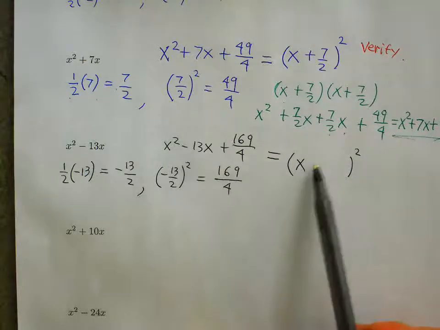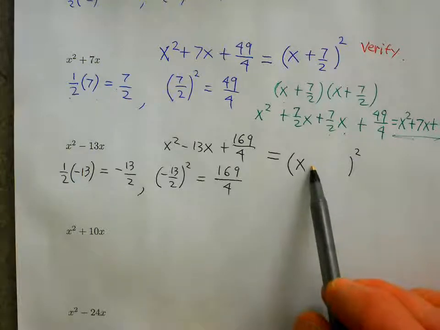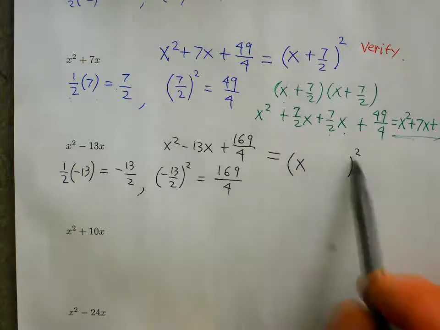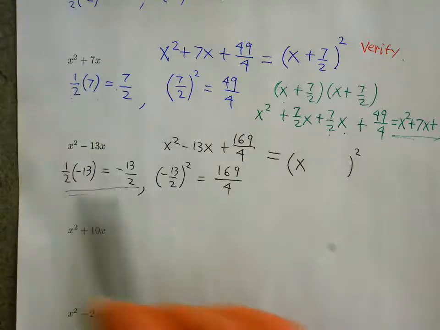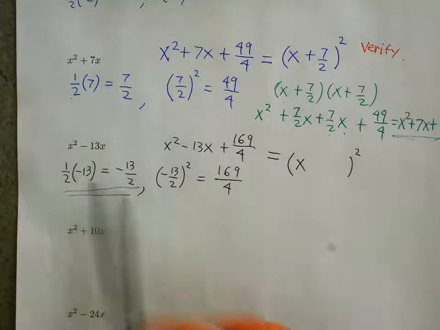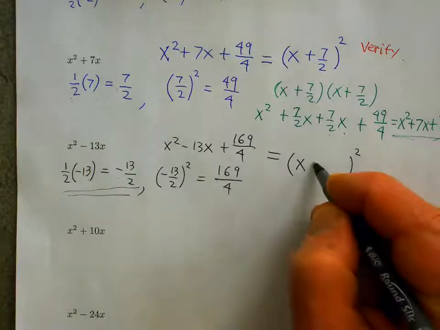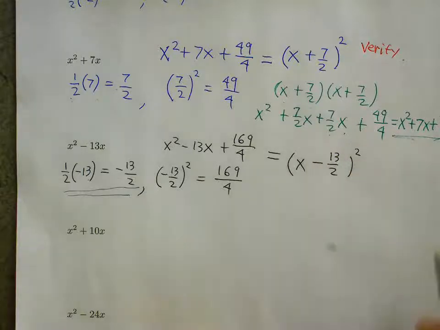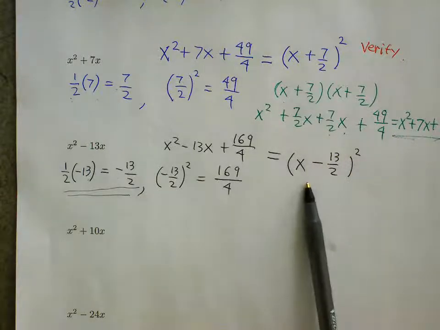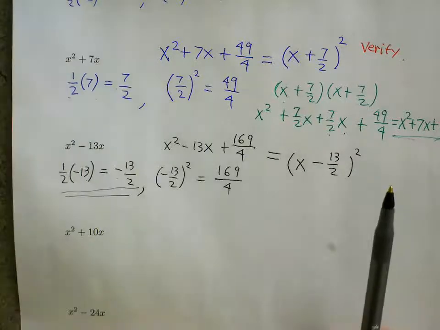And what follows x inside the parentheses is the same number we got when we took 1/2 of negative 13, which is negative 13 halves. So that means in the binomial, we subtract 13 halves. So x minus 13 halves quantity squared is equal to the perfect square trinomial.